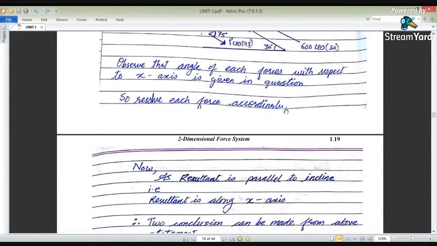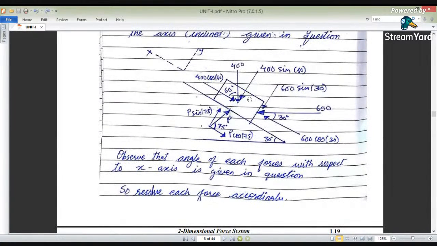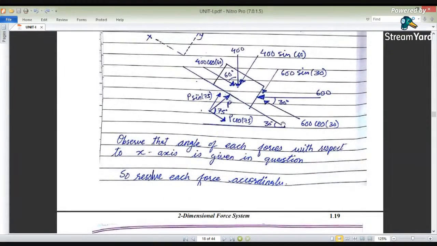In this way, we have first resolved all the forces into X and Y components, and depending on this we will find the resultant.